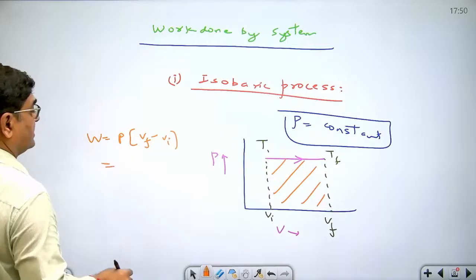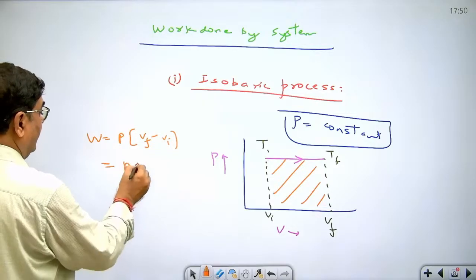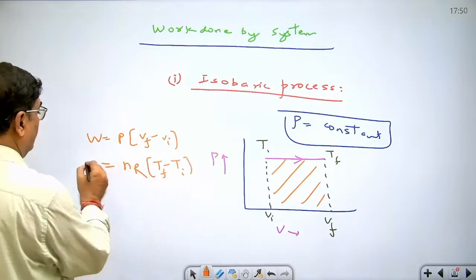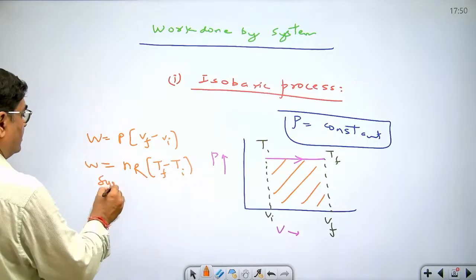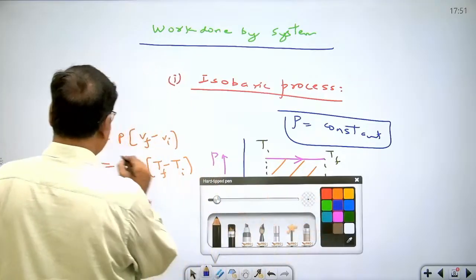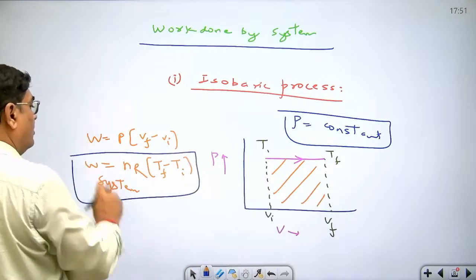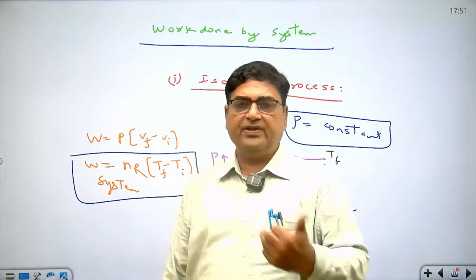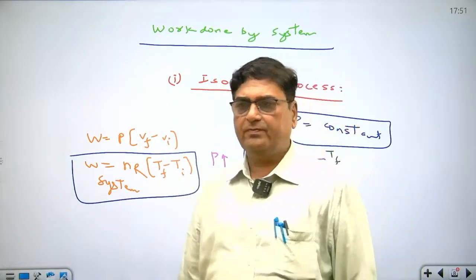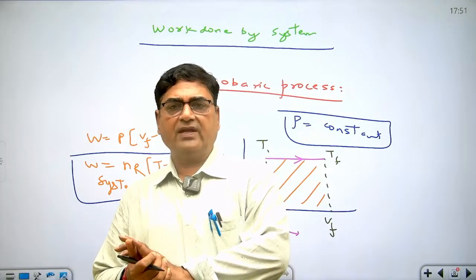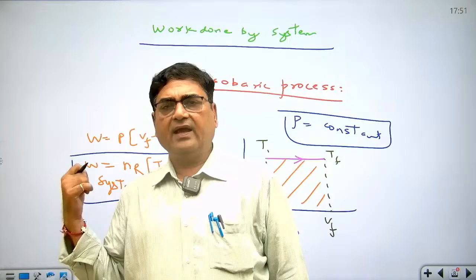The ideal gas equation is PV equal to nRT, n is number of moles. So this is nR times T final minus T initial. This is work done by the system, meaning by the gas. If volume increases, work done by gas is positive. If temperature increases, work done by gas is positive. So dear student, this is the way to calculate work done by gas in an isobaric process.